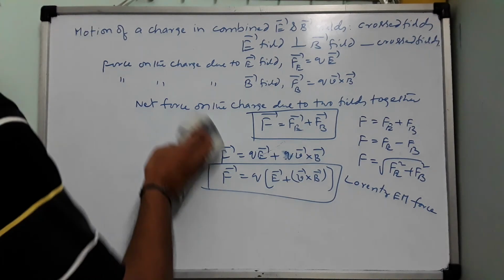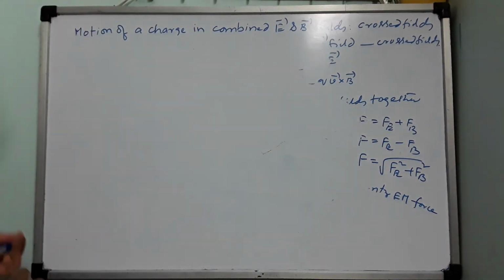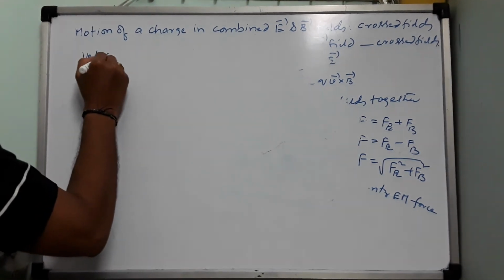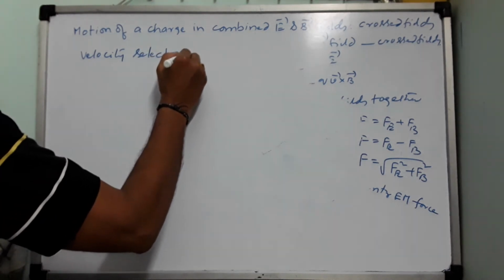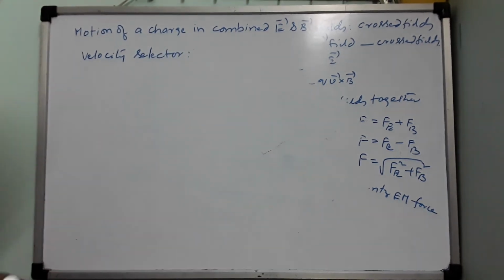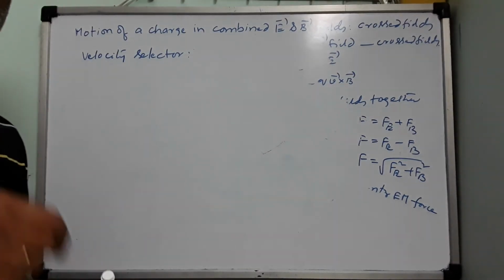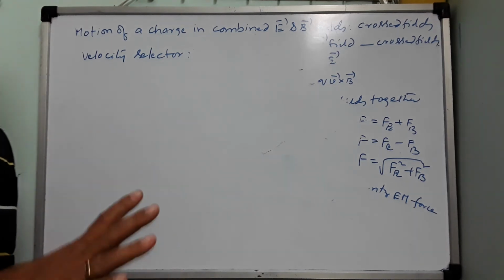Based on this, we have the velocity selector concept. That means, at what velocity should this ion or charged particle move in combined electric and magnetic fields so that it does not experience any force.